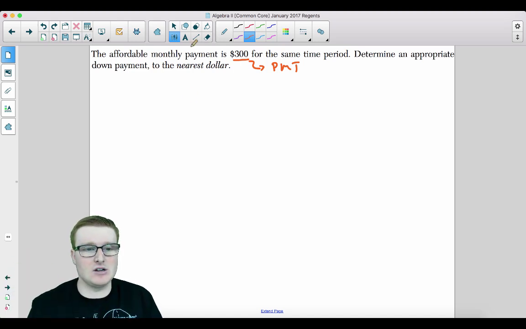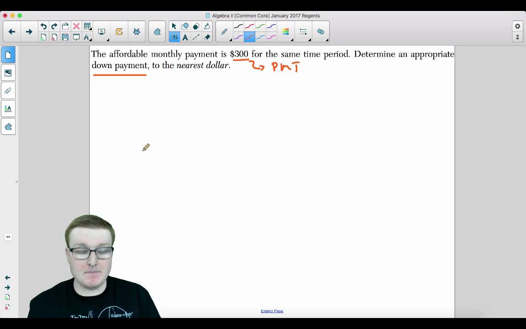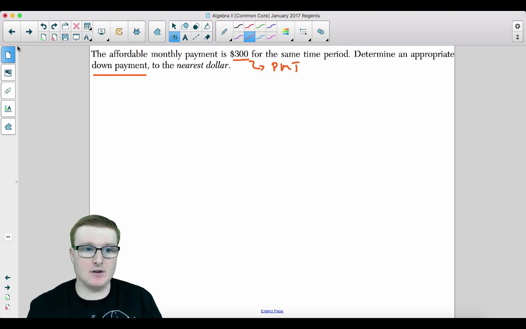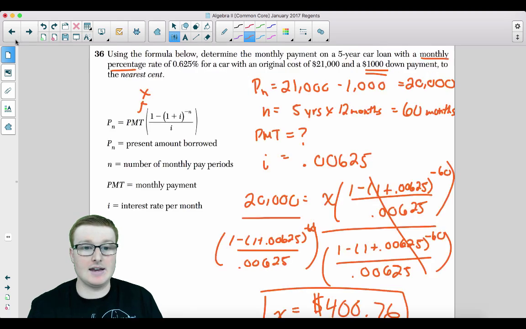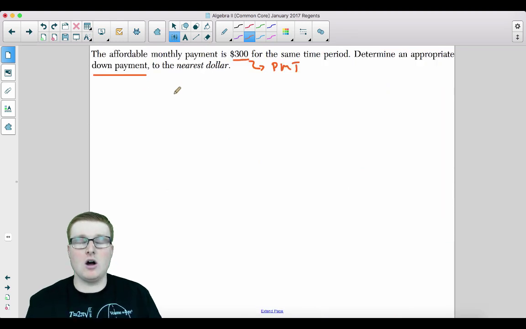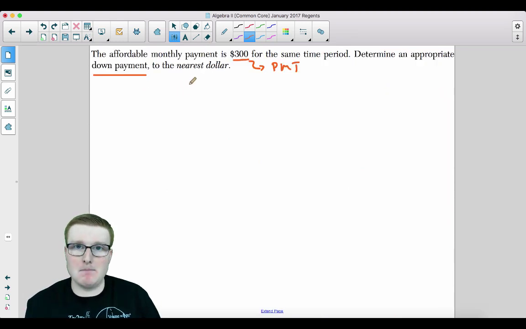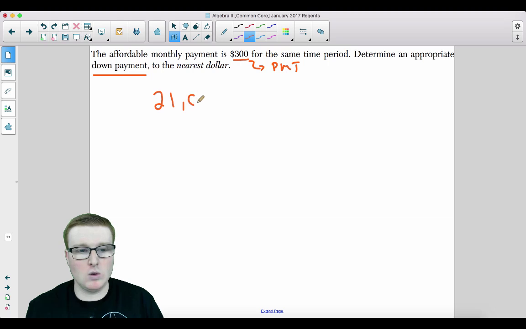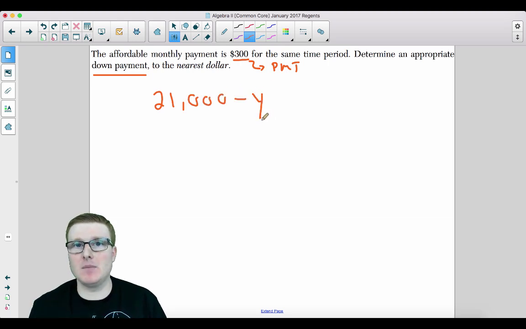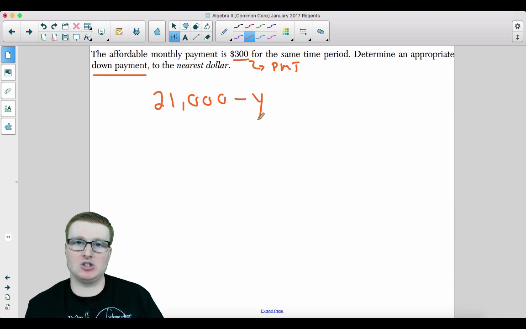So now what we need to do is find the down payment. Well, this is tricky here, folks. And I hope that this makes sense to you. P of n represents the present amount borrowed. So your new present amount borrowed is $21,000 minus y, where y is the down payment. I don't know how much they put down, so we have to substitute in for y.